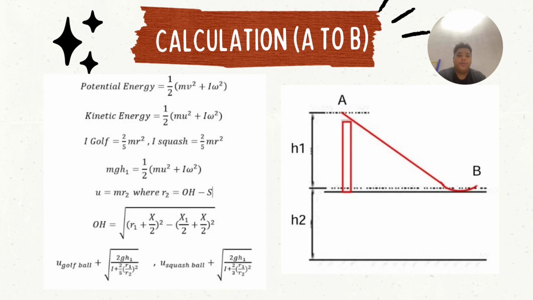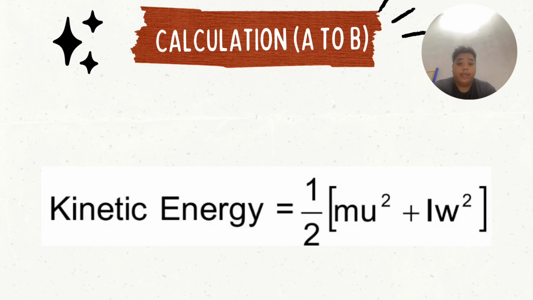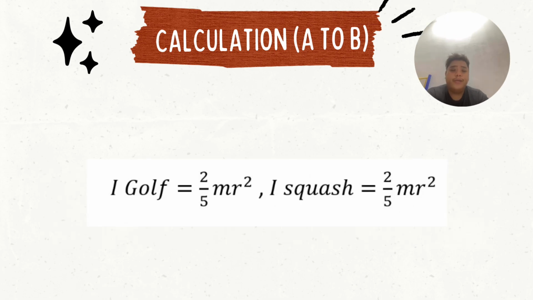Point A to B, energy conversion, rolling motion. At point A, the ball starts from rest and has only potential energy, which is PE equals mgh. As it rolls down to point B, that potential energy is converted into both translational and rotational kinetic energy. The total kinetic energy is as in the equation below. The equation below shows that each type of ball has a different moment of inertia.